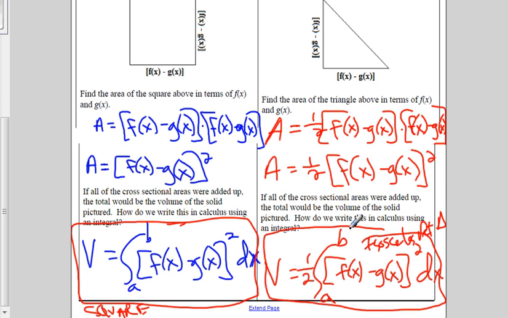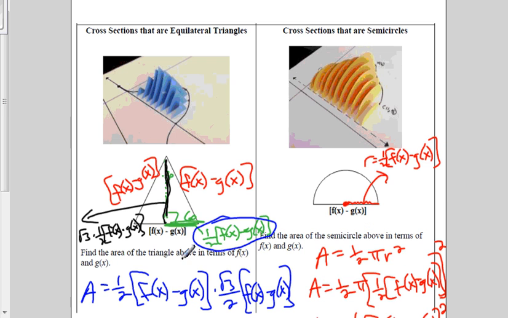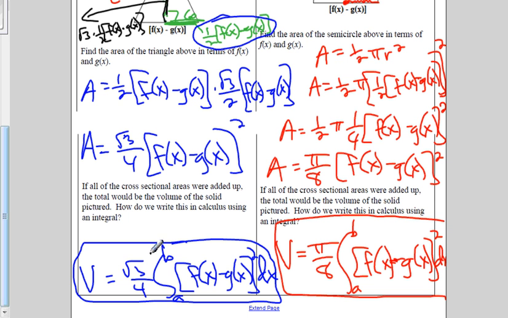Down here, this is when we had our equilateral triangle. And this is when we had our semicircle. Okay, and this is how we find the volume for cross sections that are one of those four shapes. All right, and then in section part 2, we'll do some practice problems.